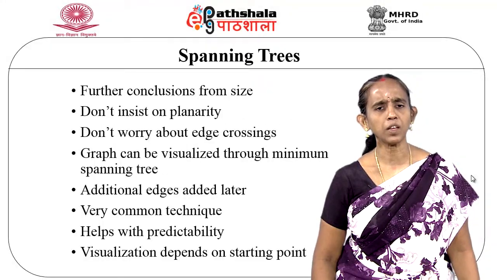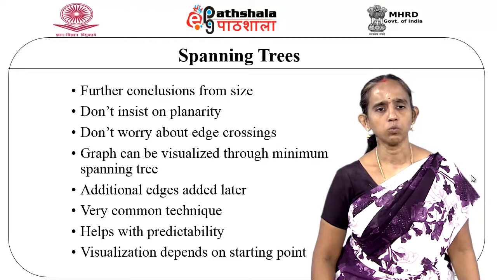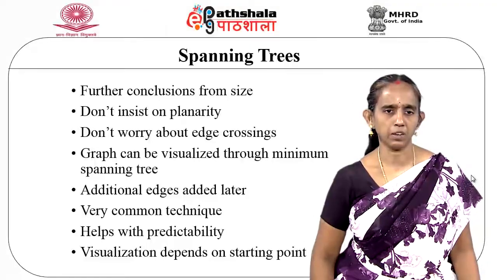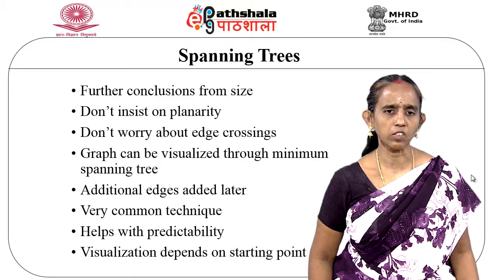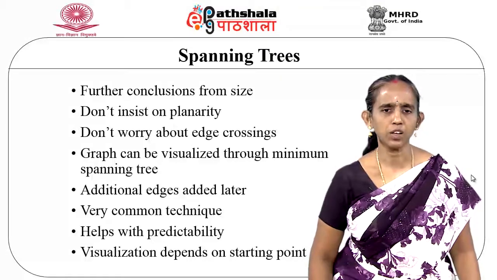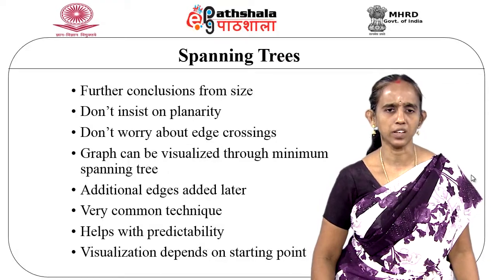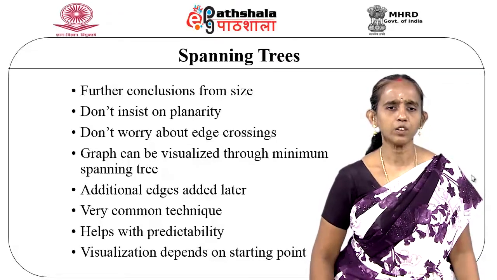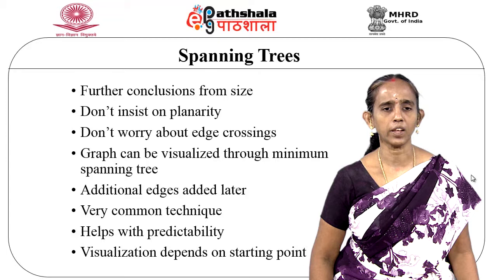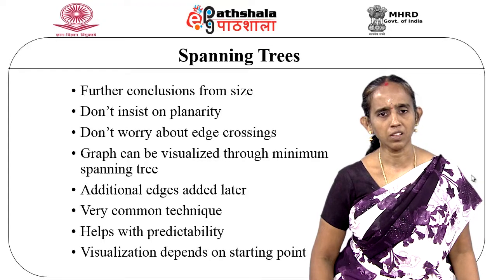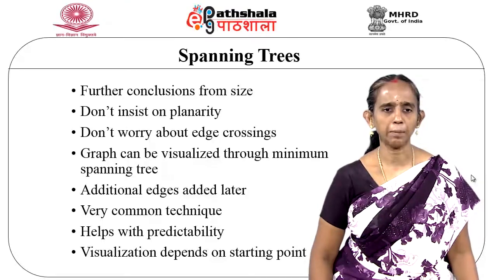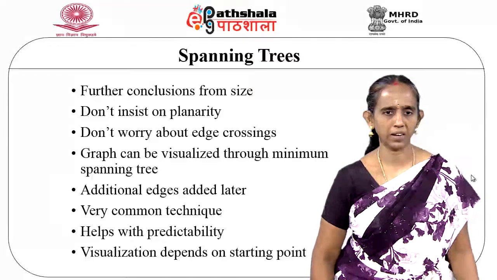You have something called spanning trees, where you don't insist on the planarity of the graph, and these kinds of spanning trees also don't worry about edge crossings. These kinds of graphs can be visualized through minimum spanning trees. Additional edges can be added later to these spanning trees.